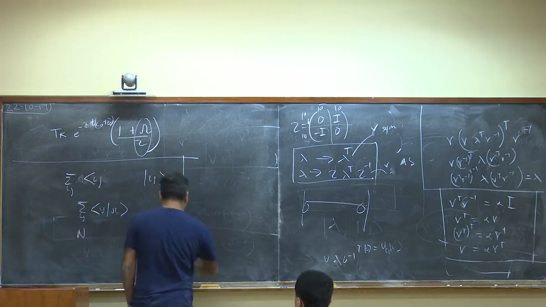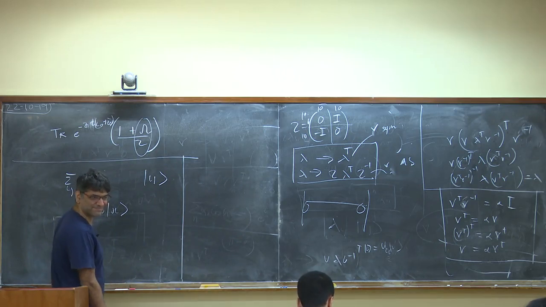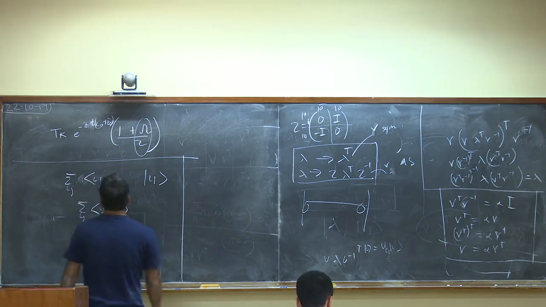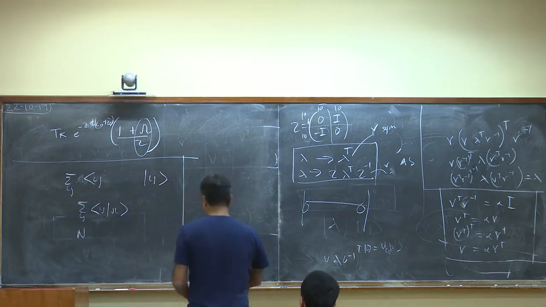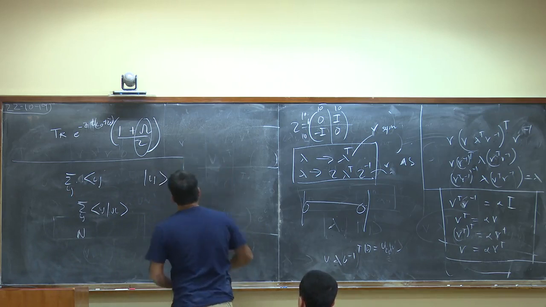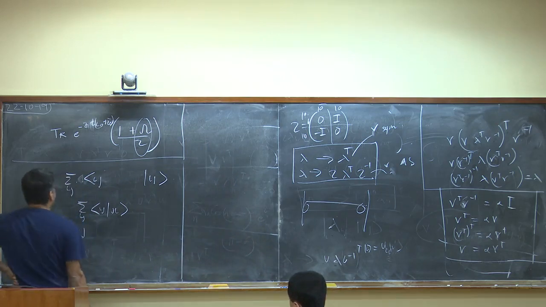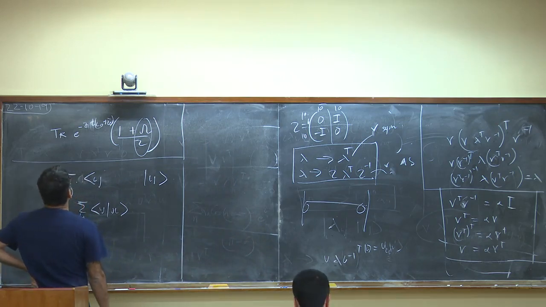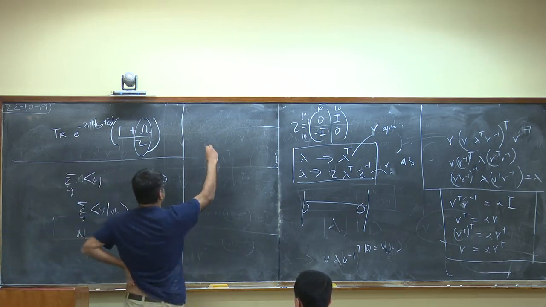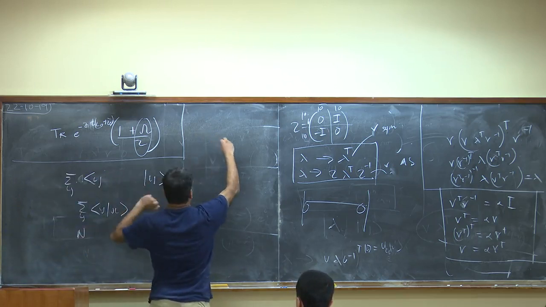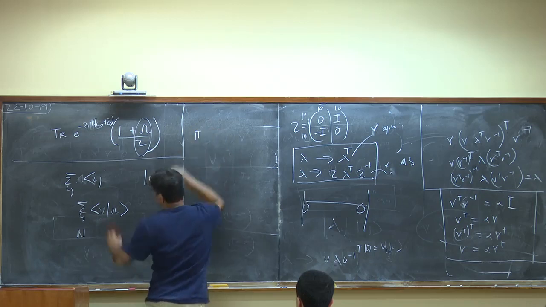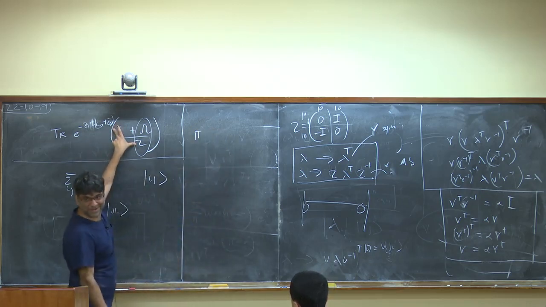Now let's look at the oscillators. How do they go? If you remember what we had last time, let's recall what it was for the ordinary open string.